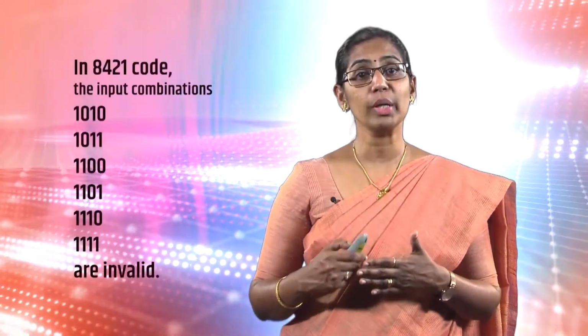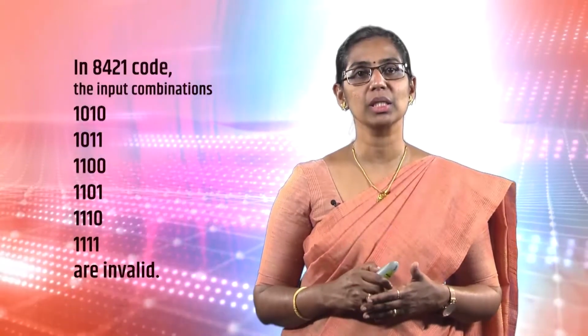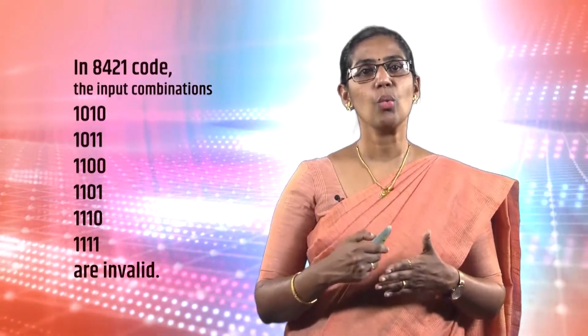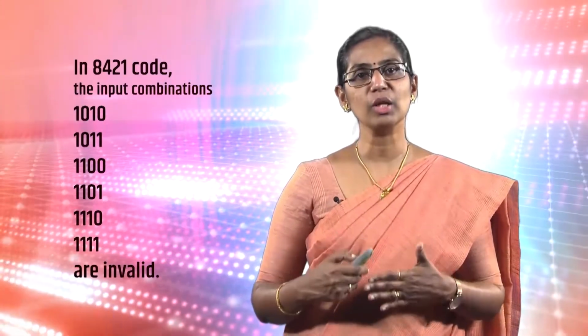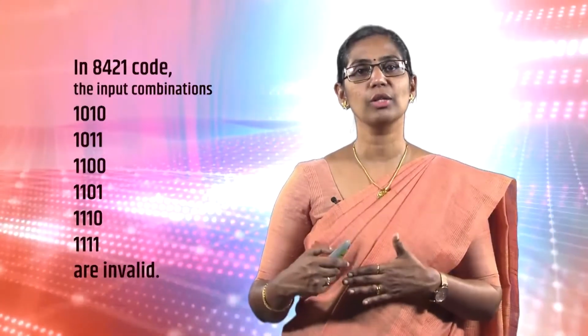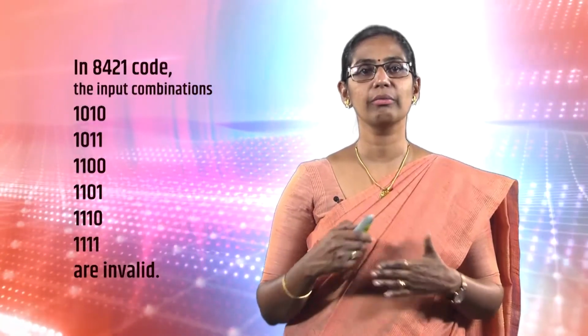It is represented as X in a K-map. For example, you know that in 8421 code, the input combinations 1010, 1011, 1100, 1101, 1110 and 1111 are invalid.